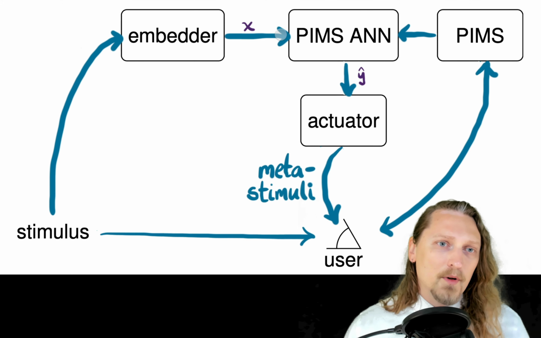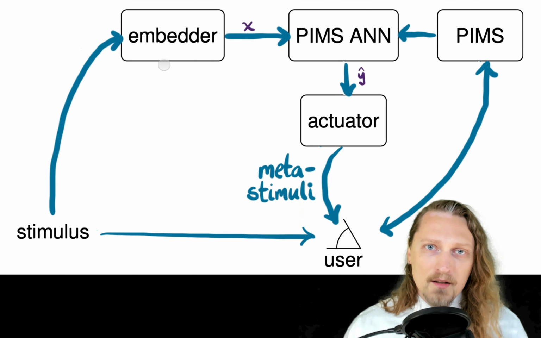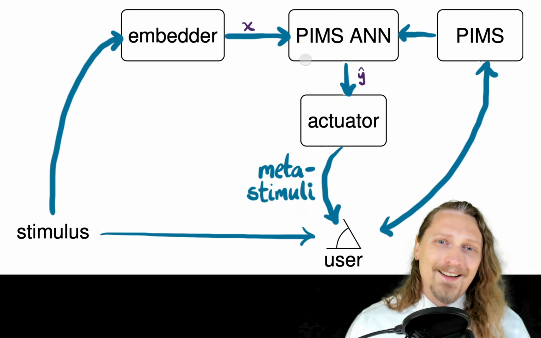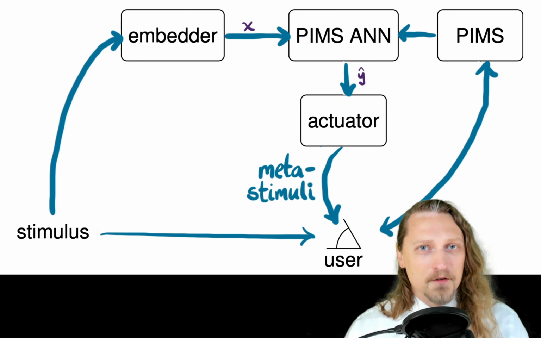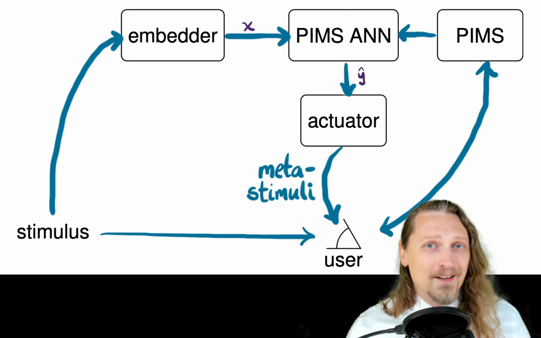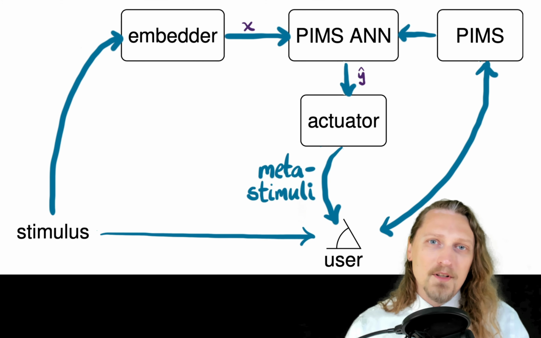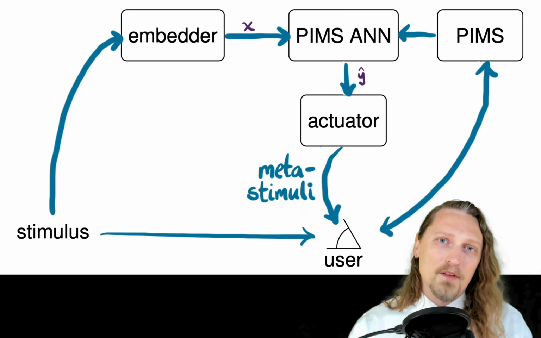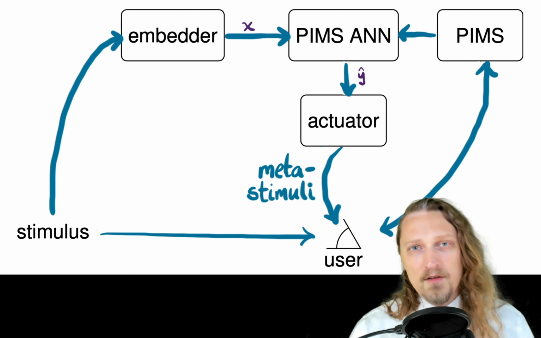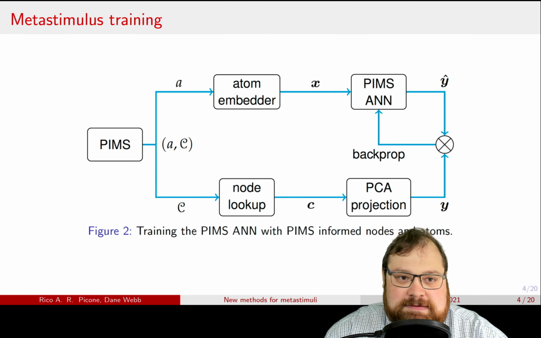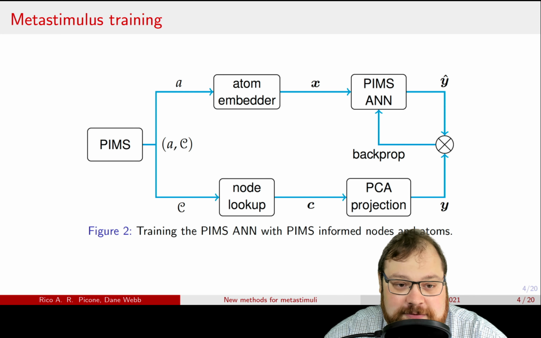In this paper, we are focused on the embedder block, a lot involved there, and also the PIMS artificial neural network, how to train an artificial neural network to associate an atom that it sees with a node that is in the user's PIMS. Similar to the metastimulus architecture, the metastimulus training is how we train the PIMS artificial neural network, which is the PIMS ANN block in the top right.